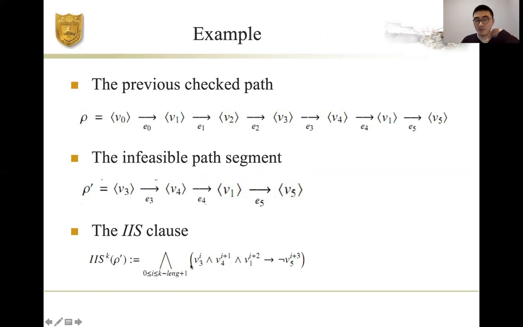Then the IS clause is: if you are true in step i on location V3, and you select to go to V4 in the next step, and then V1 in the step after that, then you cannot go to location V5 in step i+3. In this case, all the paths which may contain such path segments can be refused by the SAT solver.